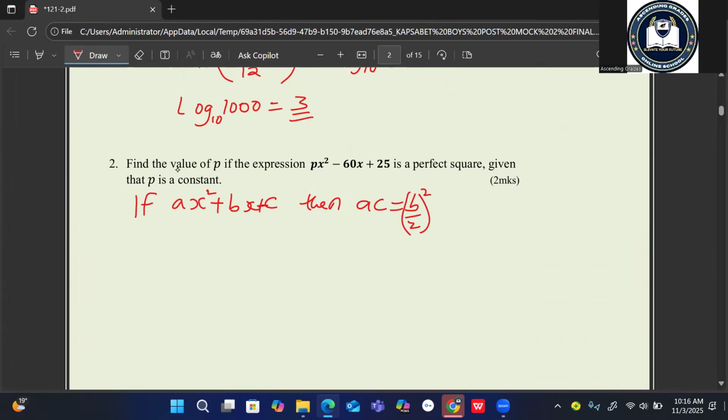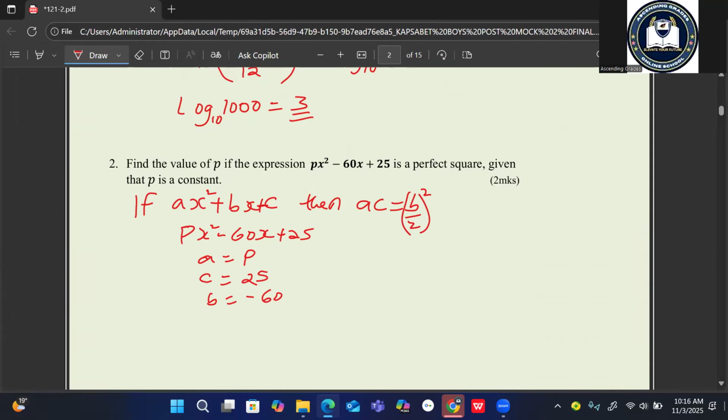So our A, since we have px squared minus 60x plus 25, our A is P, our C is 25, and our B is negative 60.